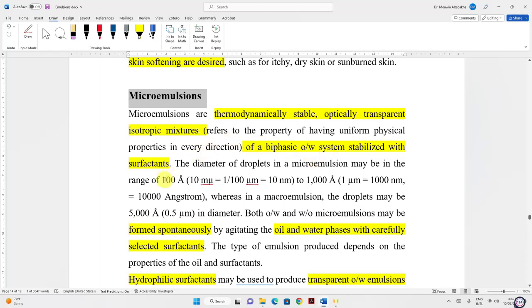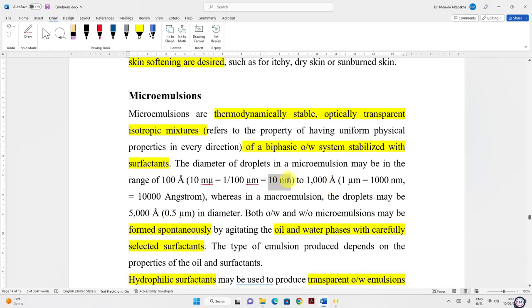Why is it thermodynamically stable and optically transparent? The reason is, if you look at the internal phase, it's only 100 angstrom. 100 angstrom equals 10 nanometer. The range is from 100 to 1000 angstrom, and 1000 angstrom is equal to 100 nanometer.